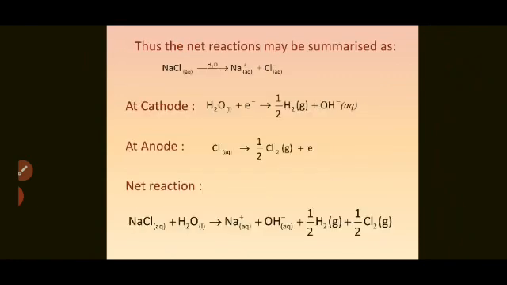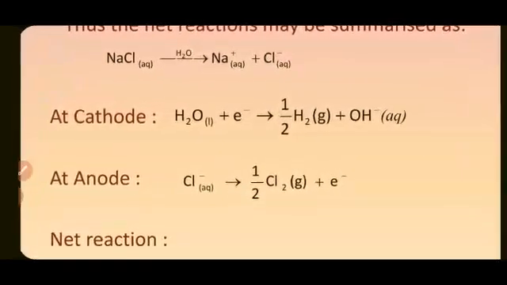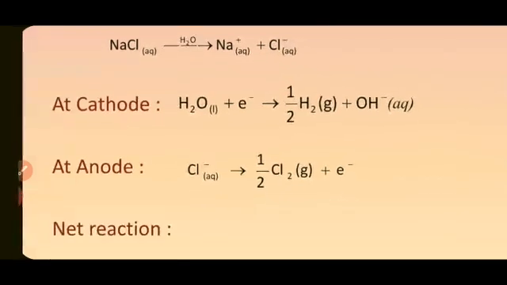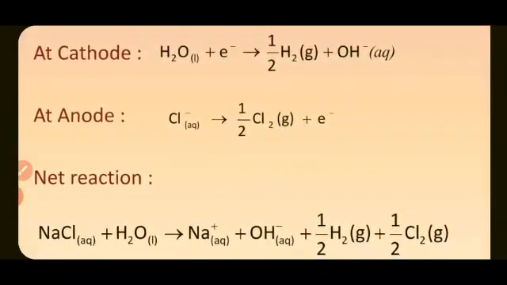Now let us see the net reaction. The net reaction may be summarized as NaCl aqueous, that is in water, Na plus and Cl minus. These ions are also in aqueous form, remember. At the cathode H2O plus e gives half H2 plus OH minus, that is hydrogen gas is liberated, and at the anode Cl minus gives half Cl2 plus e, that is loss of electrons. So which gas is formed here? Chlorine gas.